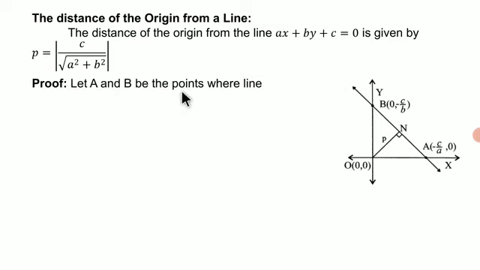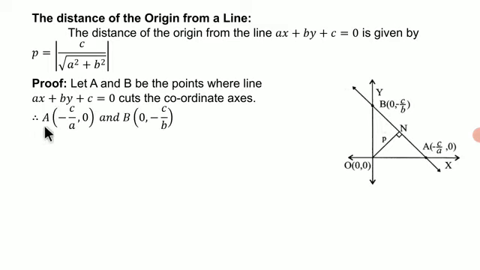Let A and B be the points where the line cuts the coordinate axes. From this we get the coordinates of points A and B: A is (minus c upon a, 0) and B is (0, minus c upon b).